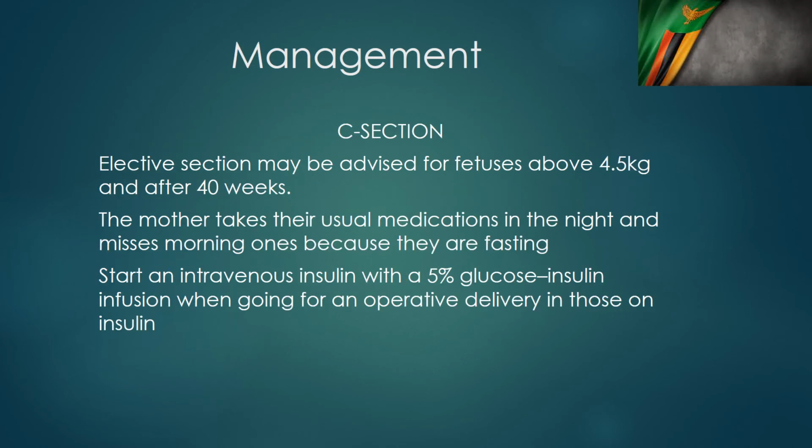So if an elective C-section is going to be done for any reason, maybe macrosomia or whatever reason, it's important that the patients take their usual doses of these hypoglycemic agents, whether oral or insulin, in the night. They take the usual doses.